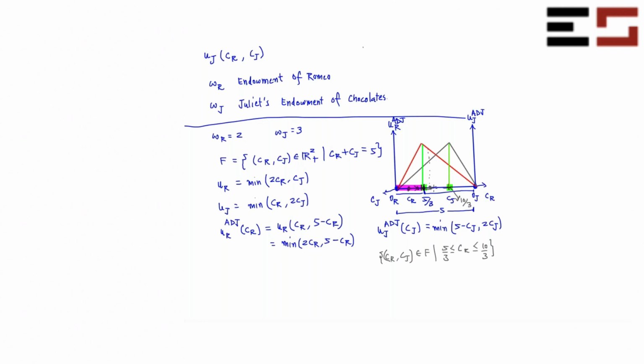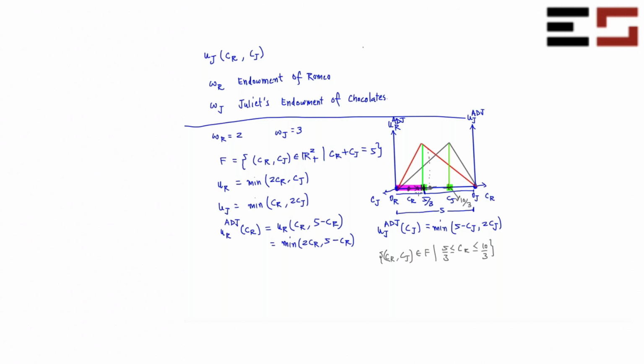That's basically his ideal, the best point. So if he's consuming too less, say less than half the number of chocolates that Juliet is consuming, in that case he would want some chocolate for himself. He would prefer that if Juliet can give some chocolate to him, he would like it.